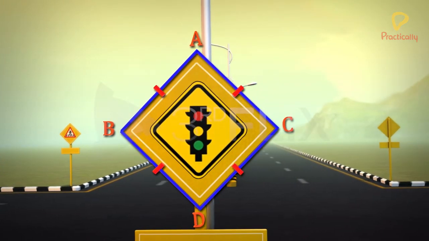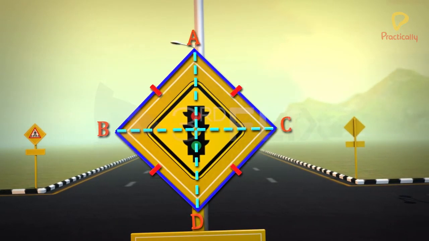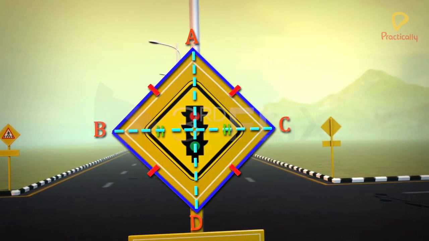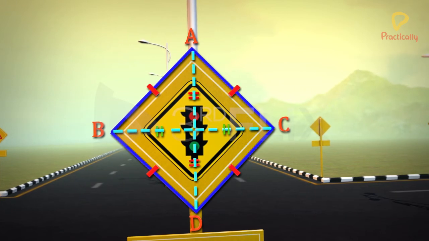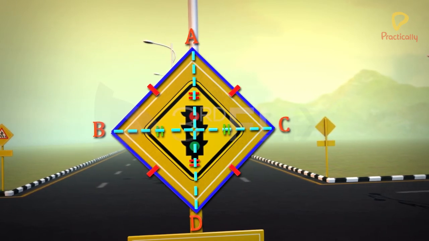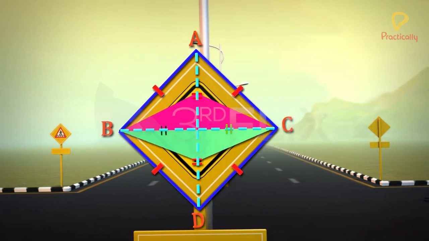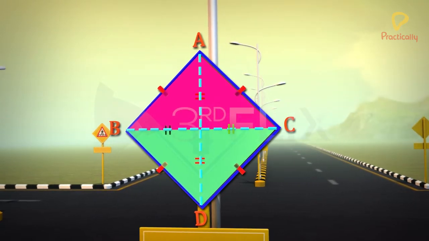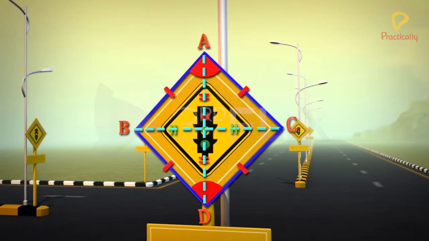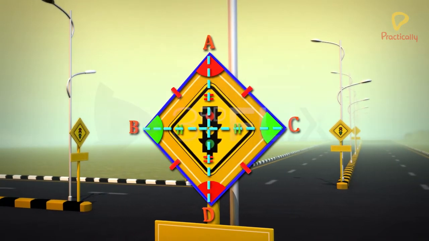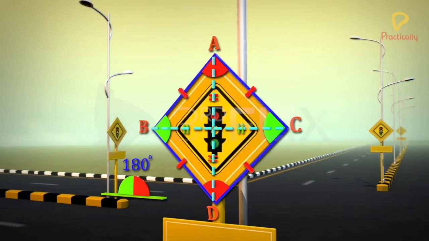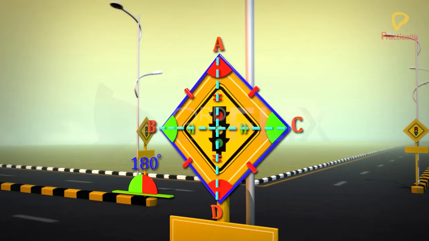The diagonals are different and perpendicularly bisect each other. Each diagonal divides it into 2 congruent isosceles triangles. Any 2 adjacent angles have their sum equal to 180 degrees. That is, they are supplementary.